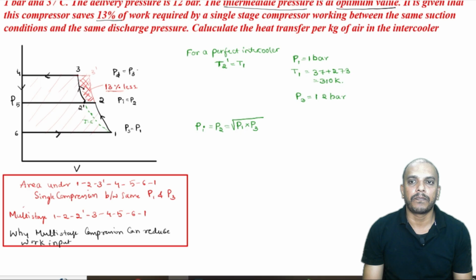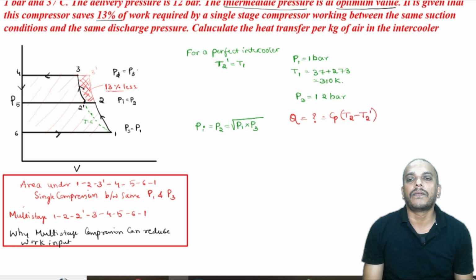Now, let us go back to the question again. We are asked to calculate the heat transfer, that is heat transfer per kg of air in the intercooling. So, intercooling is m Cp, because constant pressure, Cp (T2 minus T2 dash).